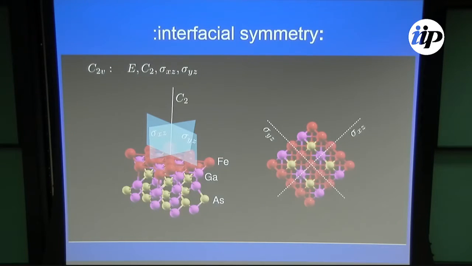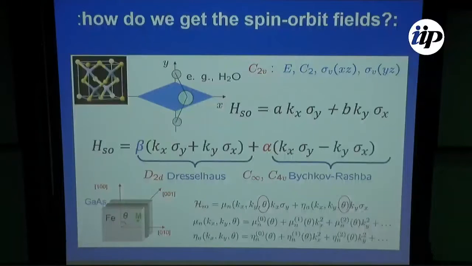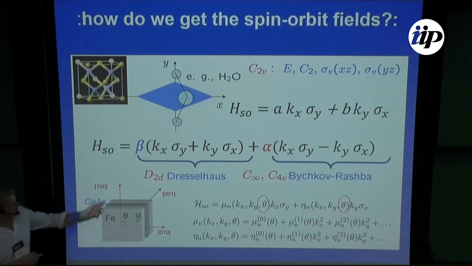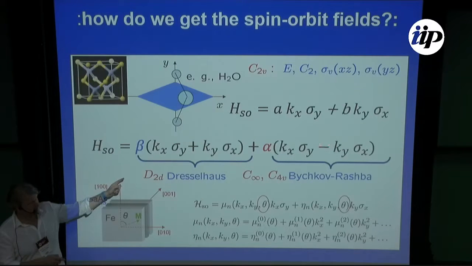And with this symmetry, the only linear spin orbit coupling in momentum that we can have is this combination of kx sigma y, ky sigma x, in which x and y are the principal symmetry directions: 1, 1, 0 and 1, minus 1, 0. And this is the C2v spin orbit Hamiltonian, which you can rewrite as a sum of the Dresselhaus and Bychkov-Rashba. So this Hamiltonian is equivalent to this.